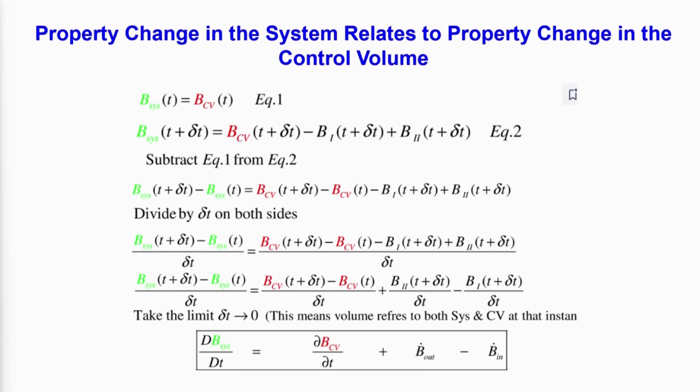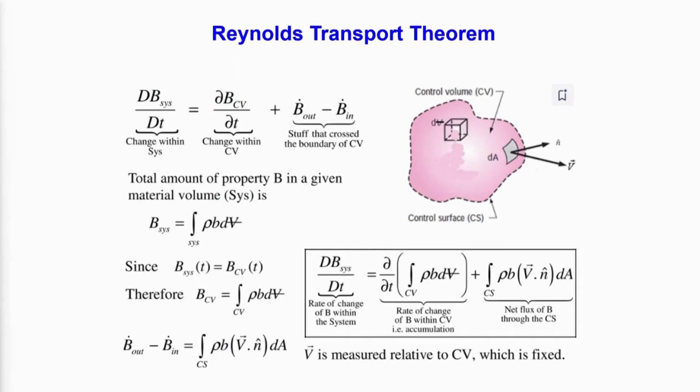That is a partial derivative, because the location is fixed, and the last two terms, one is the rate of outflow and the other is the rate of inflow. So, you have the change within the system equal to change within the control volume plus outflow minus inflow.